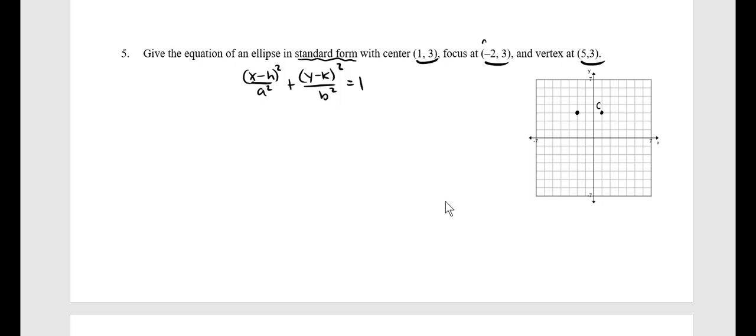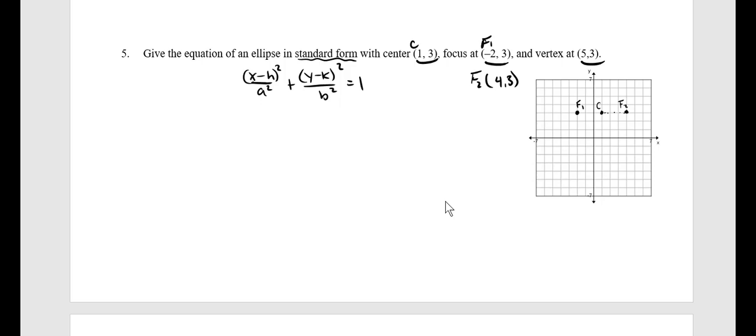I'll call this one of my foci. So the other focus must be 3 units to the other side. 1, 2, 3, 1, 2, 3. I'll call that my other focus. And keep in mind, we can find the coordinates of the other focus very easily. It's just the center with 3 added in the x direction. So it's 4, 3.